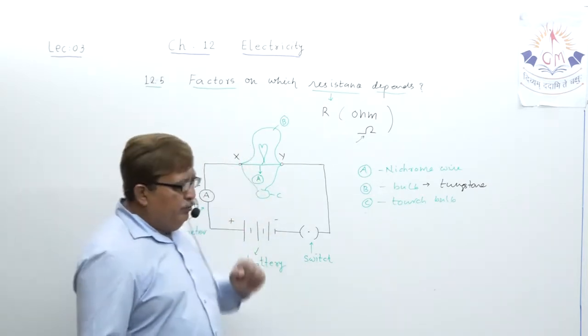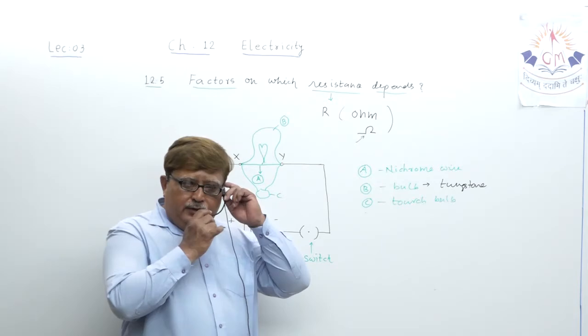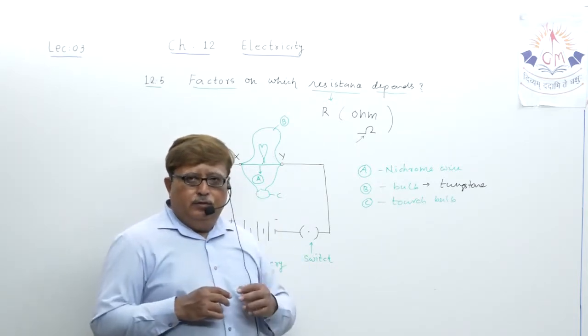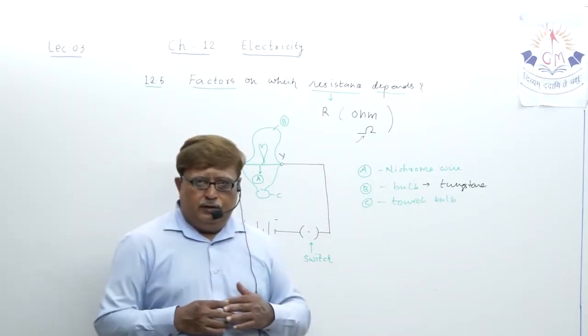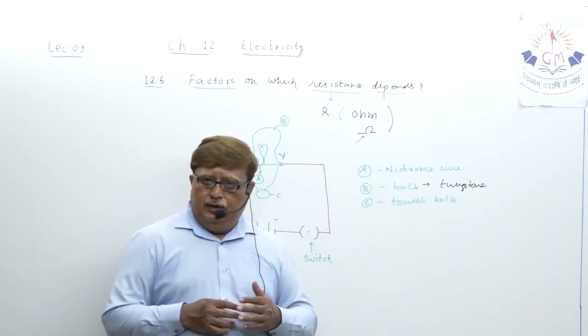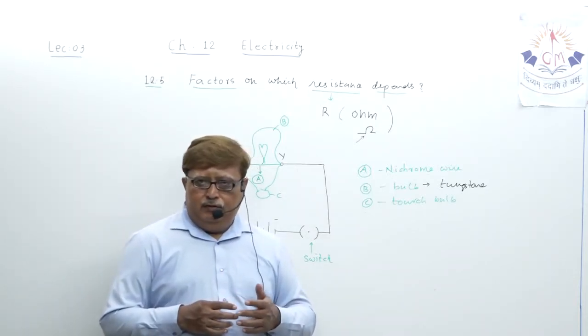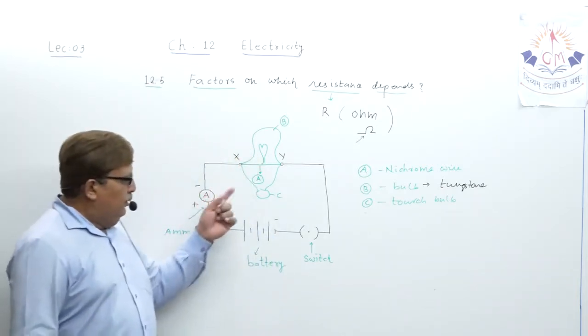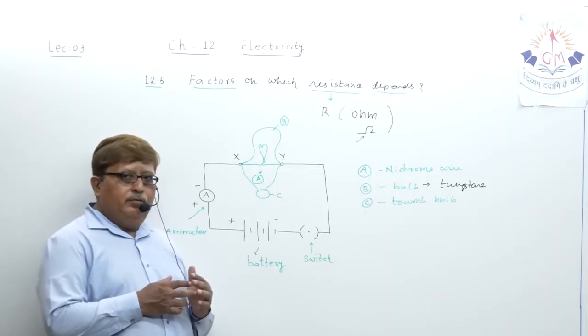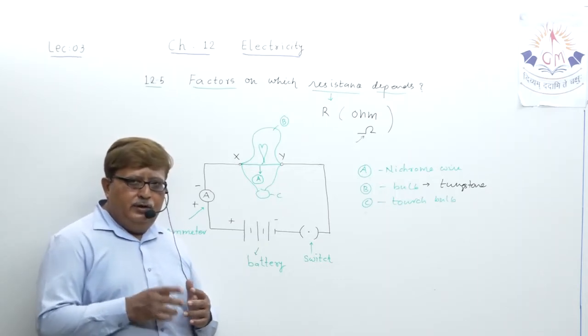First I join the nichrome wire and I record the electric current reading in the ammeter. Then I join the electric bulb, I record the reading. Then I join the torch bulb and then I record the reading.